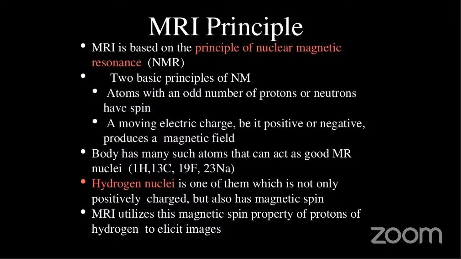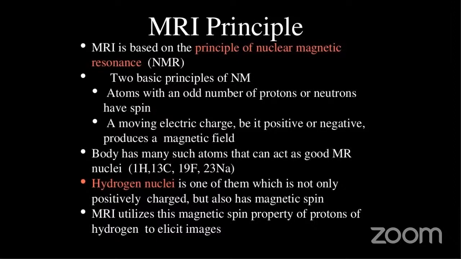The body has many such atoms that can act as good MR nuclei, but the one we use the most is hydrogen, because our body, as we all know, is made up of 70% water, which contains an abundance of hydrogen, and we use that for our MR imaging.